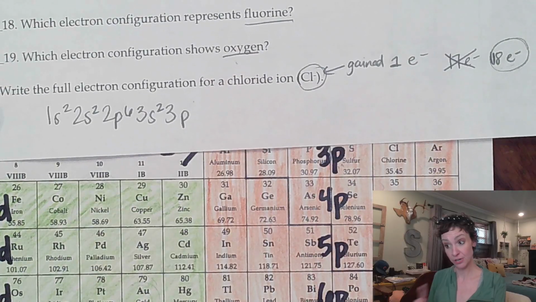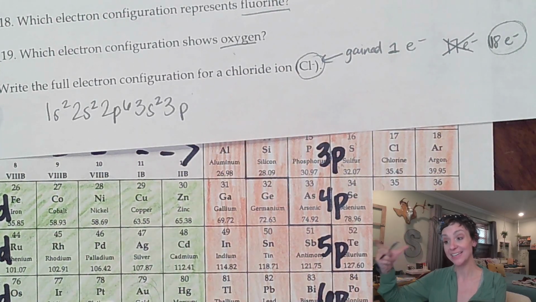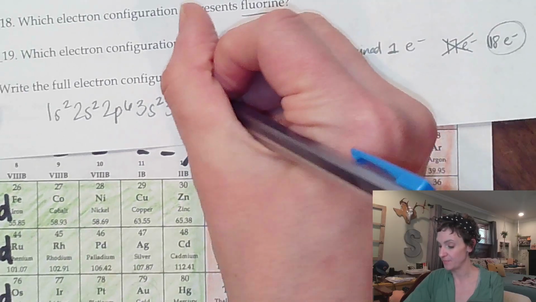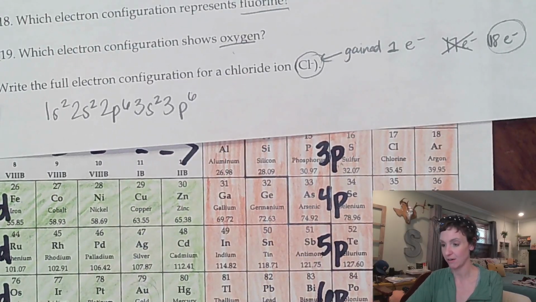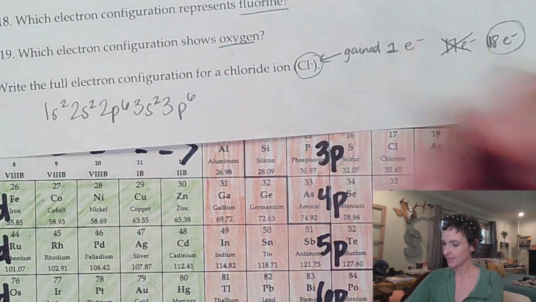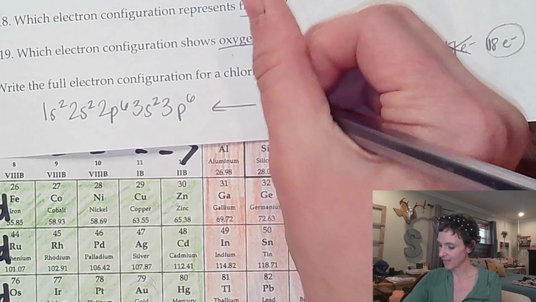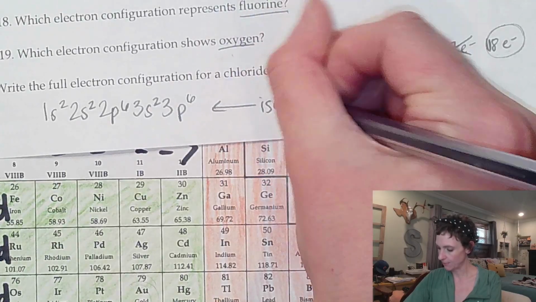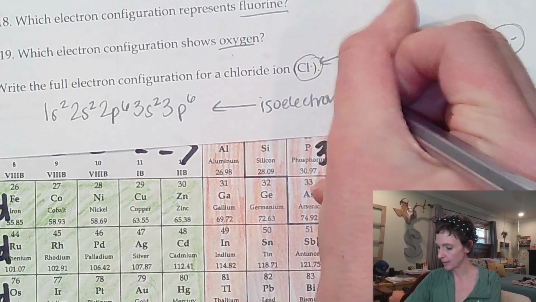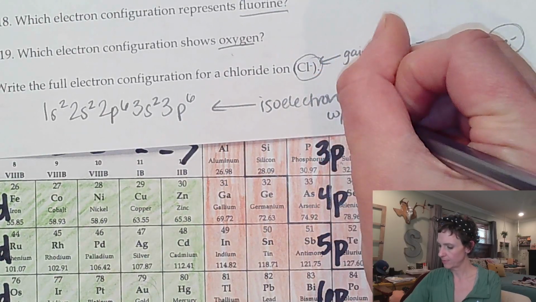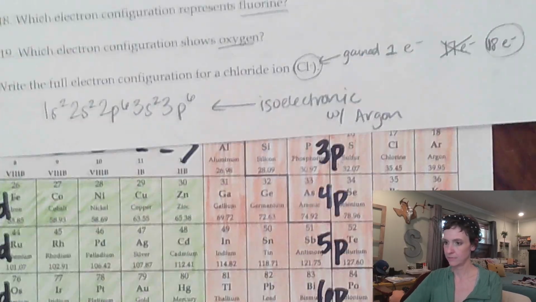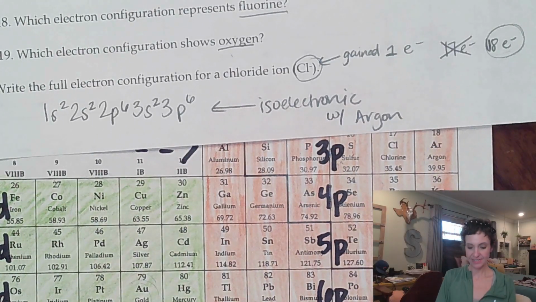Now, if it was just neutral chlorine, it would be 3p5, but it has an extra electron, so not 3p5, 3p6. It looks like argon. Cool. Amazing. So we're going to say isoelectronic with argon.